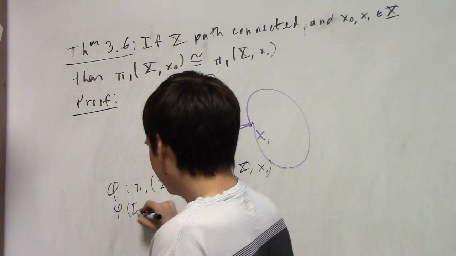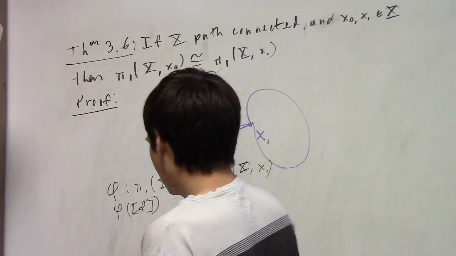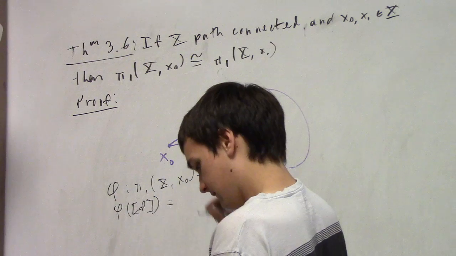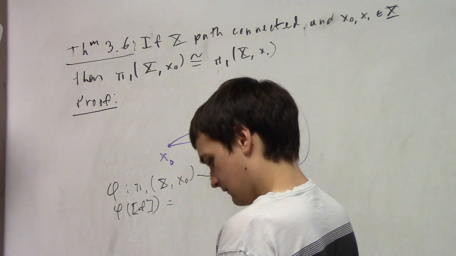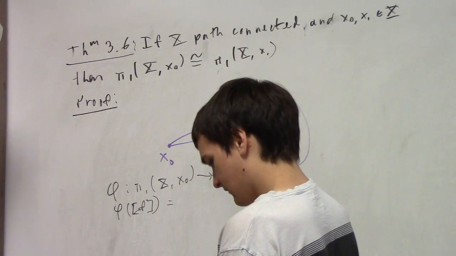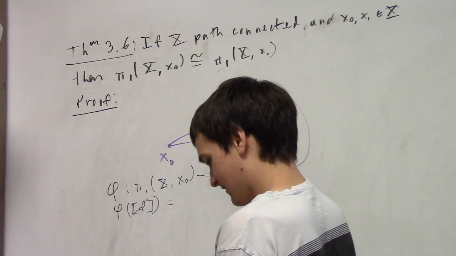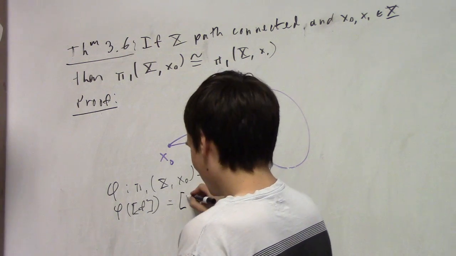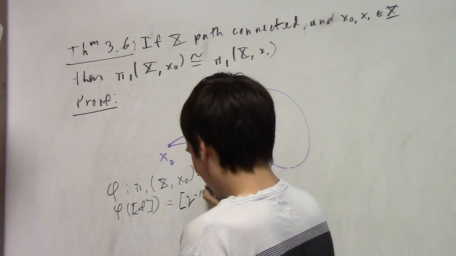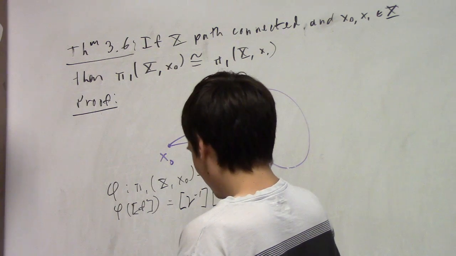If you have the path class of F, how do we define it? He actually does this calculation in the groupoid here.